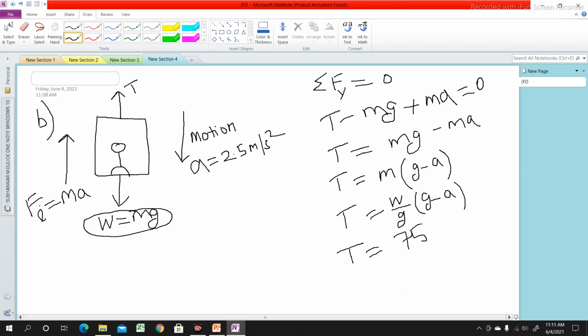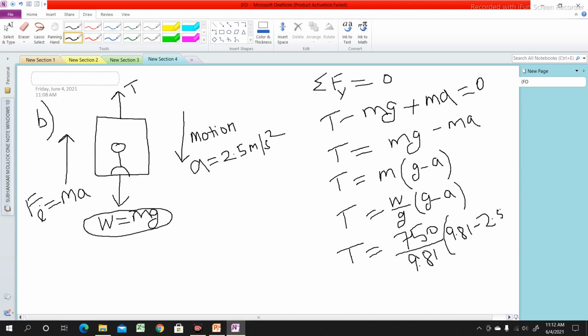So 750 by g. What is small g? Acceleration due to gravity. What is its value? 9.81. In bracket, small g value is 9.81 minus the acceleration with which the lift is moving vertically downward, given in the problem as 2.5.